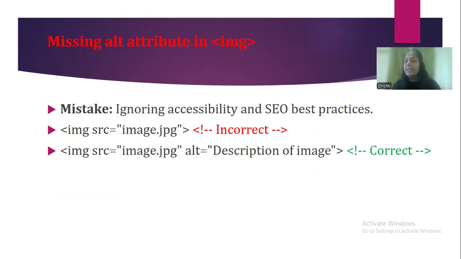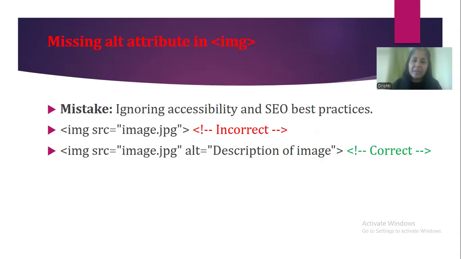Moving on to the third, as I discussed, the IMG tag. It's basically used for the image. Okay. Now, if I'm showing you one particular image, you people will be able to tell me, ma'am, this is this kind of image, this is the picture of this. But always make it a good habit that below the image, you should give the description of that image, at least the name of that image, so that even those who are not aware should be familiar with the name of that image.